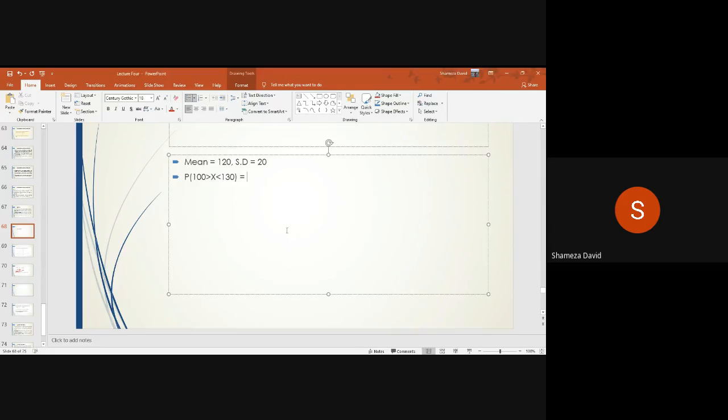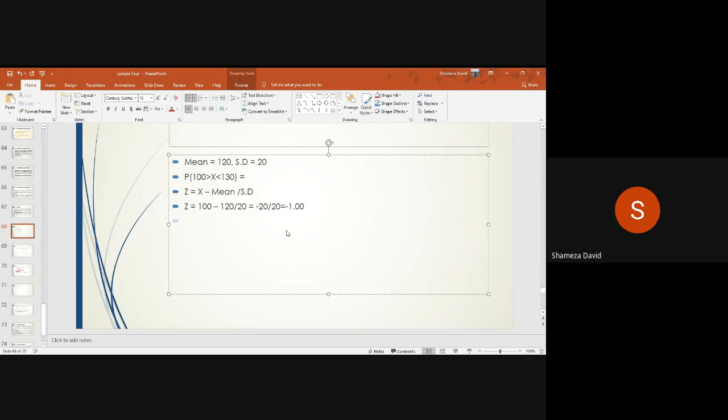But we need to first find the two Z values, so we're going to have to convert. And we know that Z is equal to the X value minus the mean value divided by the standard deviation value. And so for the 100, Z is equal to 100 minus 120 divided by 20, equal to minus 20 divided by 20, which is equal to minus 1.0.